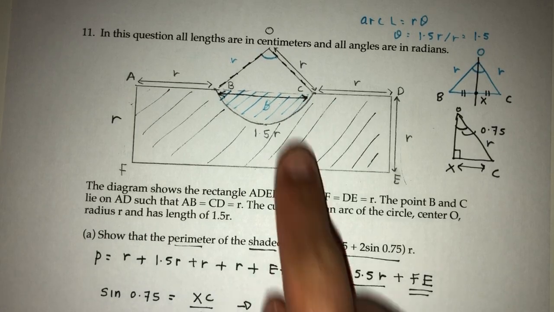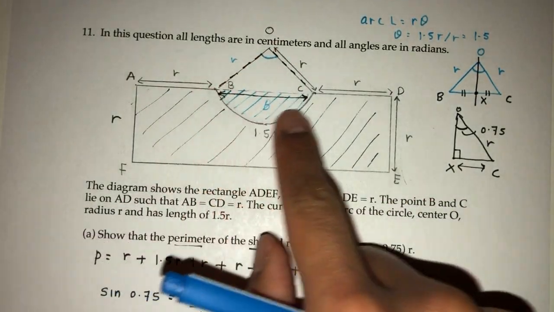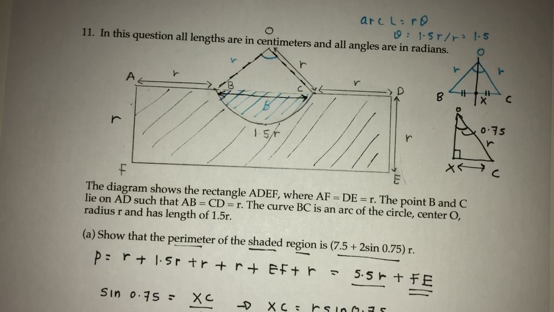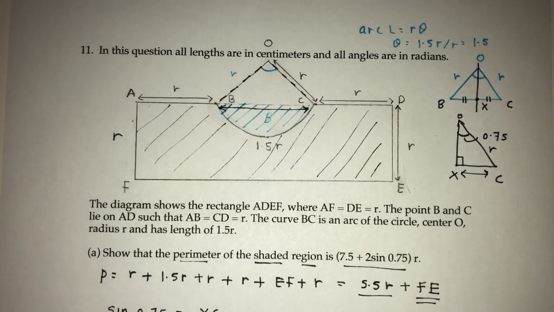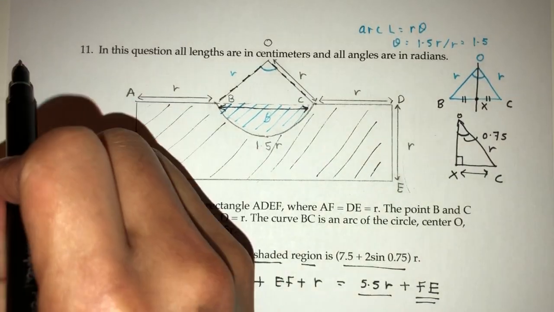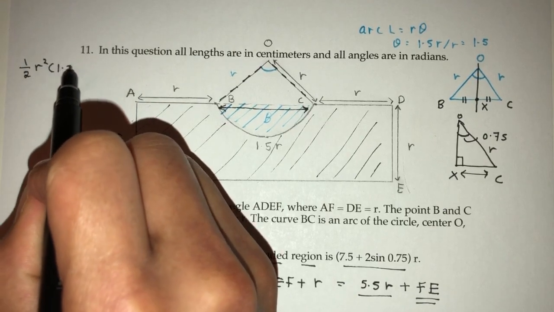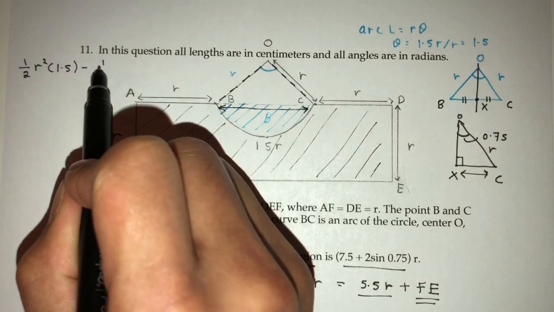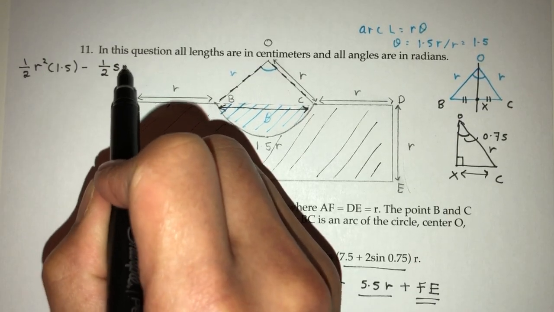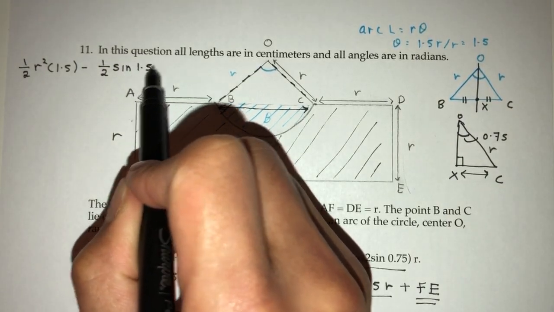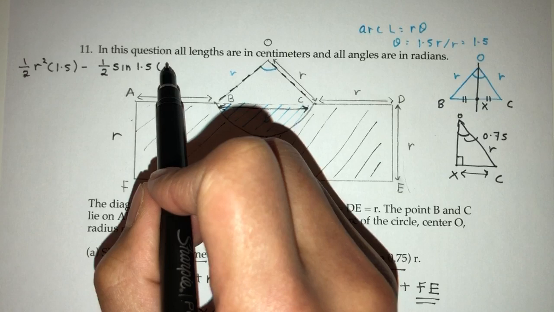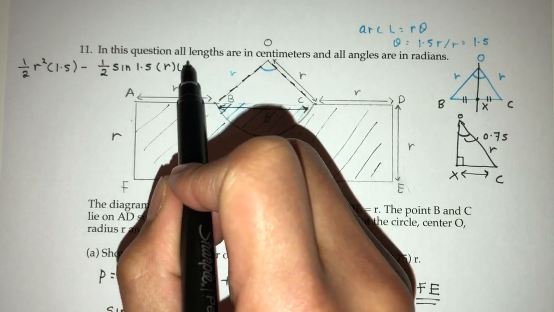If you observe, we can first find the area of the sector and then minus the area of the triangle, right? So the area of the sector can be found using your formula, half r square theta. Theta is 1.5. Minus the area of the triangle, half sine of 1.5 times these two. That will be r times r.